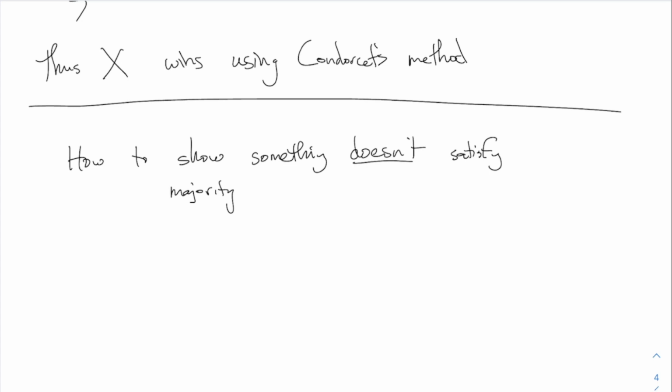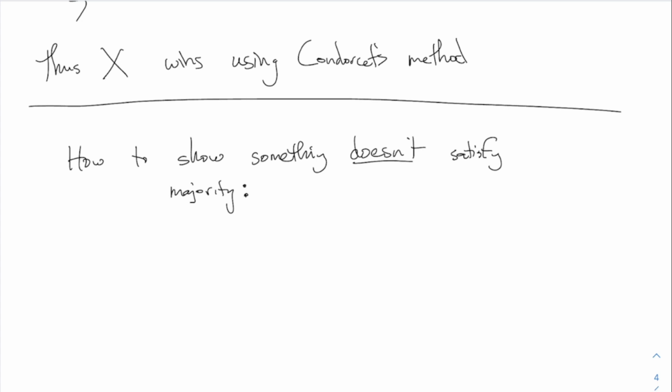For this, you would use a specific example. To show that it does satisfy the majority, you have to logically explain why: if somebody's in the top position a majority of the time, then they're going to be the winner. But the other way around, it just means it's possible that they're in the top position, but they still lose.